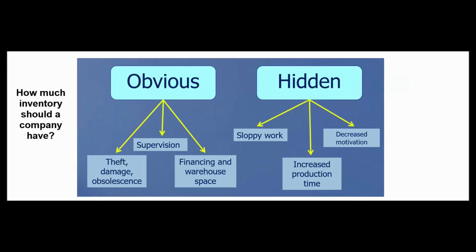So remember, we're answering the question, how are we doing? We're helping management plan, direct, and control the business. And one of the things they're going to want to control is the amount of inventory. How much inventory should a company have? Just enough. Too little inventory and you won't be able to fill your customers' needs. Too much inventory and you're incurring extra costs like theft, damage, obsolescence. It's like paying for extra warehouse space, like insurance.